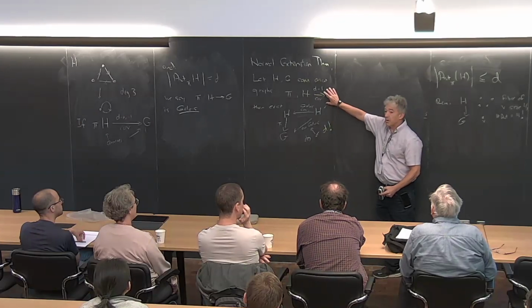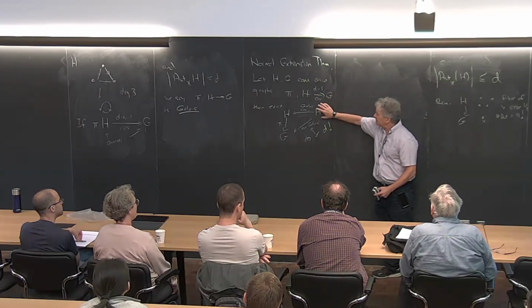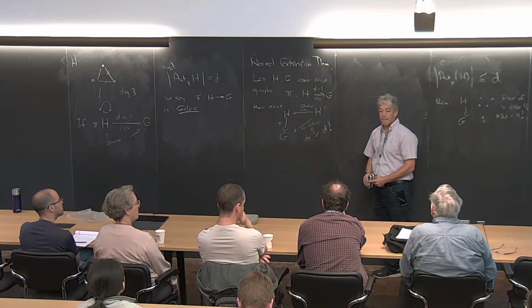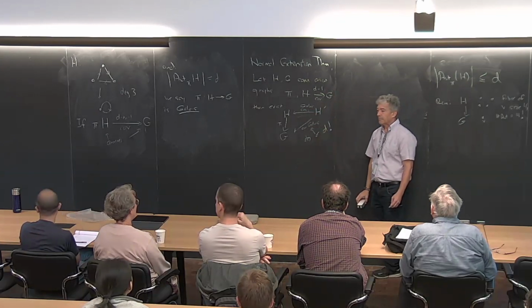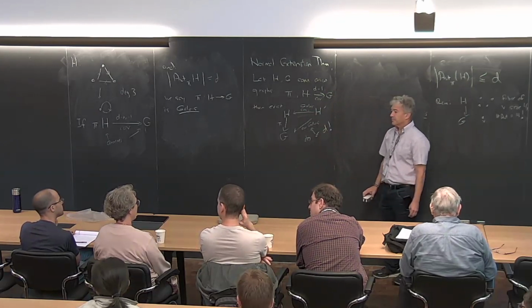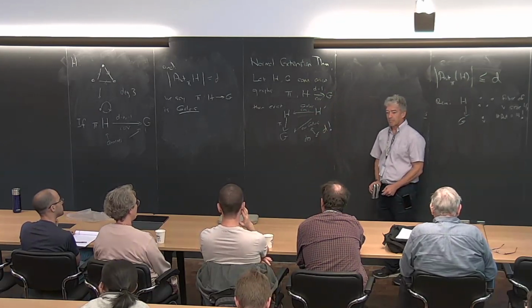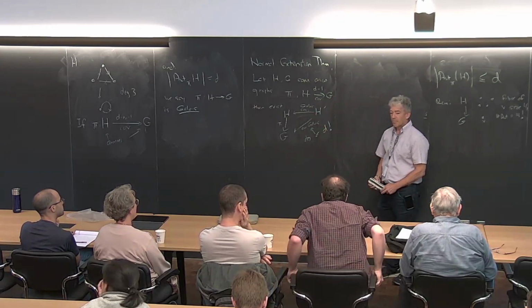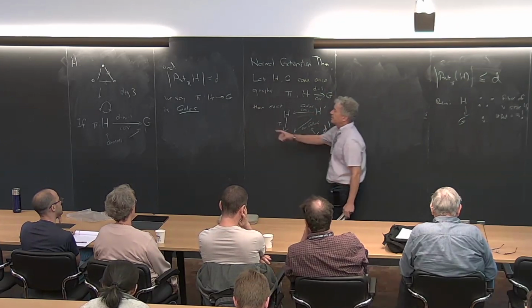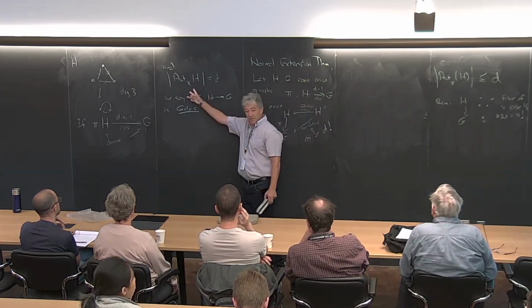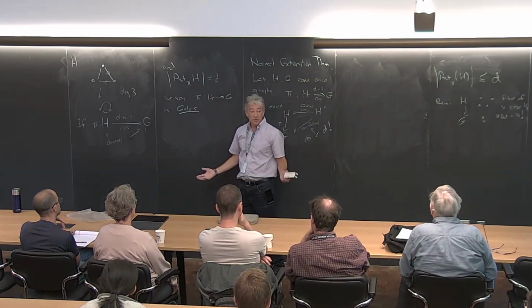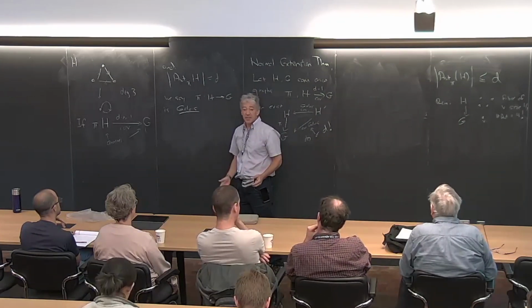Oh, I see, there is a constraint on the automorphisms: they have to respect pi. If you have a different pi, it's a different automorphism group.